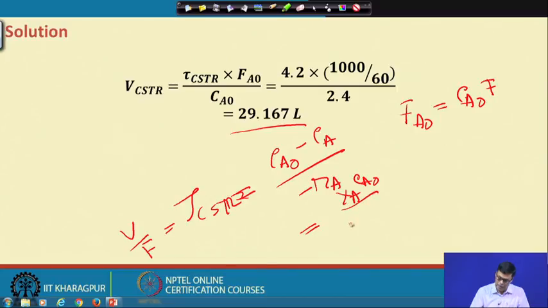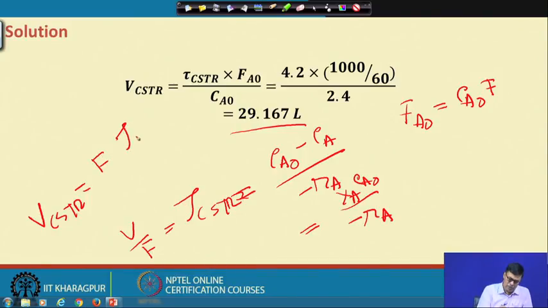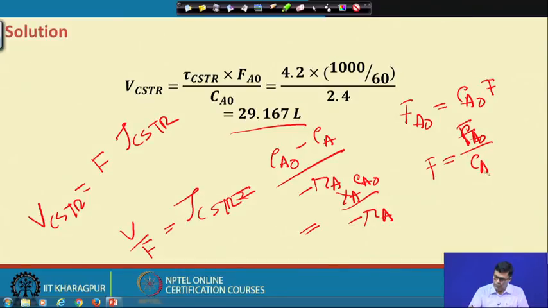So, what can we write? The volume of the CSTR is equal to F into tau CSTR. Am I right? Now, what is F? F is equal to FA0 by CA0.